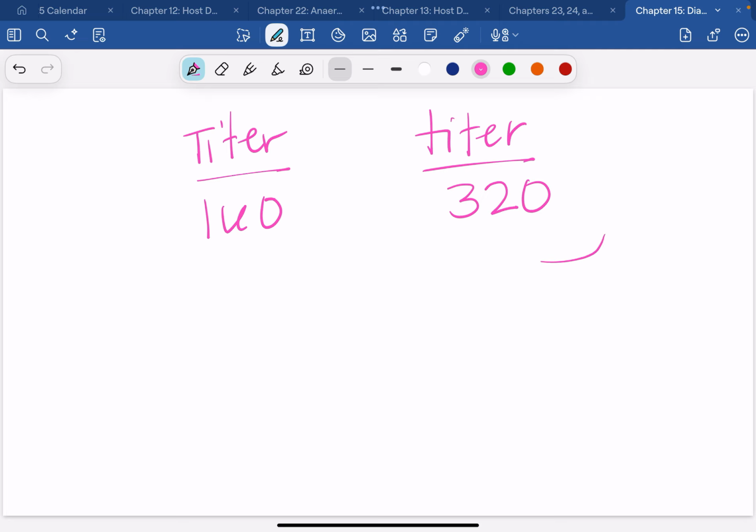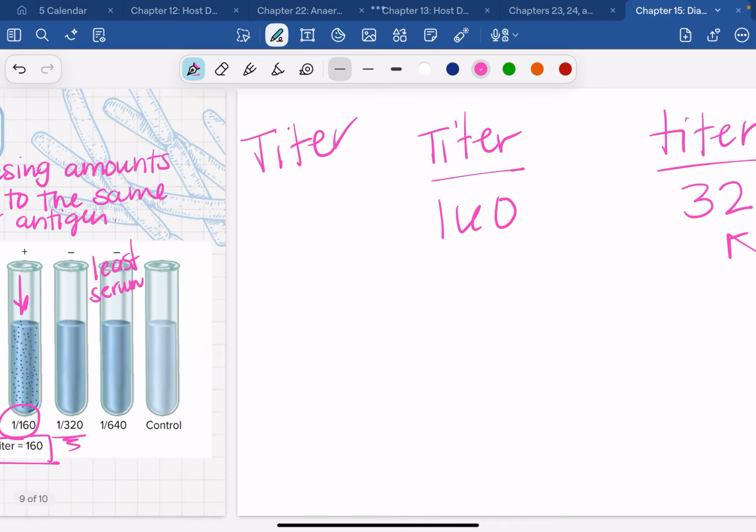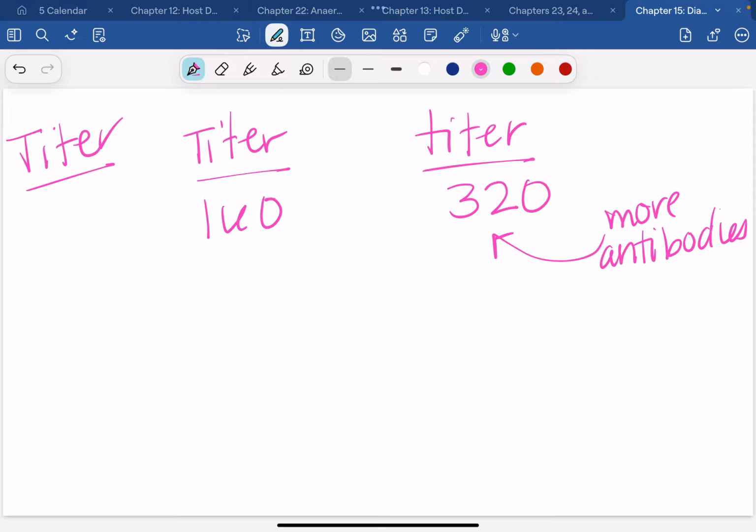This person has more antibodies. And somebody who has a titer of 32 is going to have fewer antibodies.